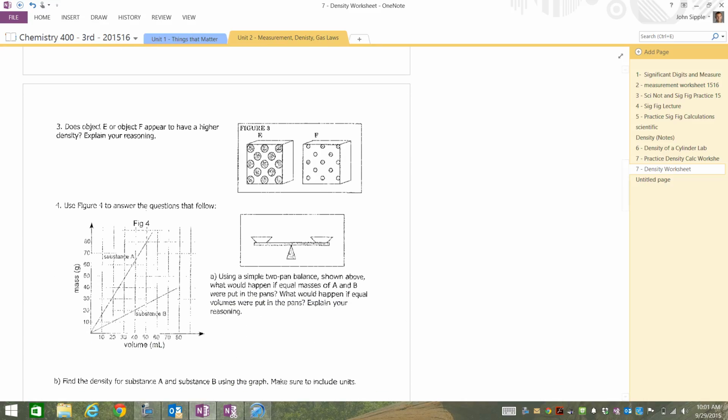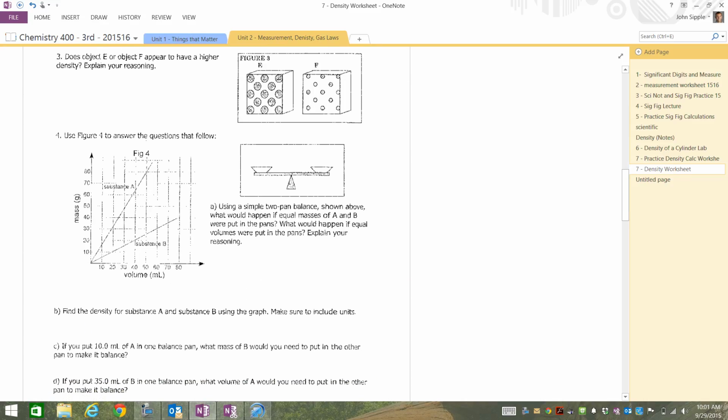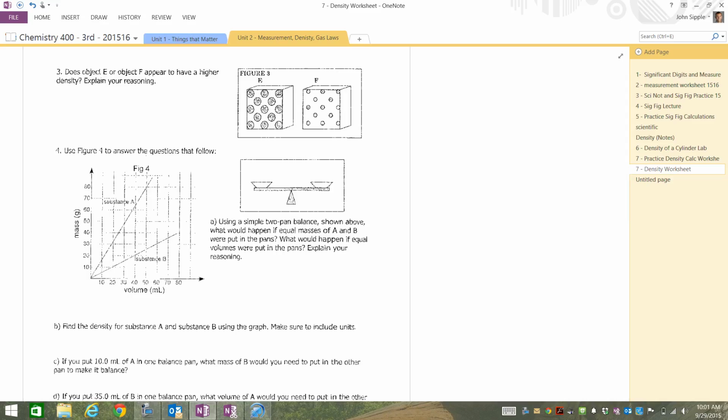Flipping over to the next page. All right, so we got E and F. We got two different substances. Which one do you think has a higher density and why? So, Patrick, yeah. Okay, good.